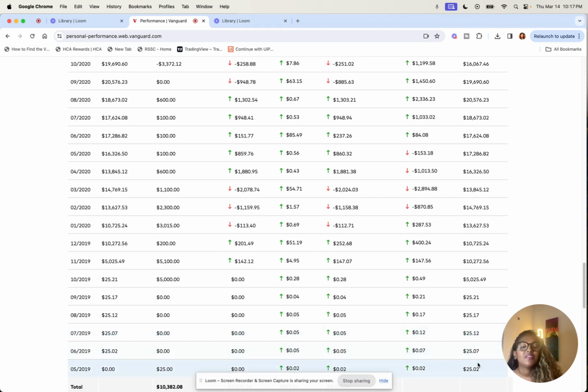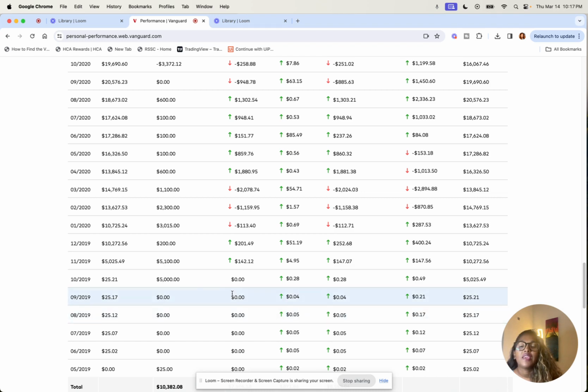So 7, 2, then 5, then 7, and then 5 again to 25.17, all the way up to where it says here in September. So May, June, July, August, September, it grew by 2 cents, 5 cents, 4 cents. So this $25 became $25.21. From $25 to $25.21, and that's with $0 added after the $25 was deposited.